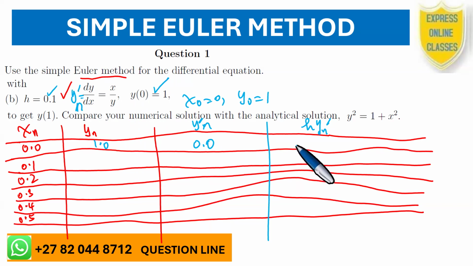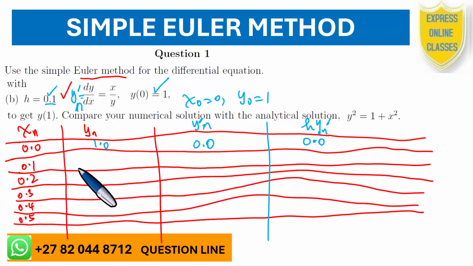And then we multiply this by 0.1. So h is 0.1, multiply h by yn primed, 0.1 by this is 0.0.